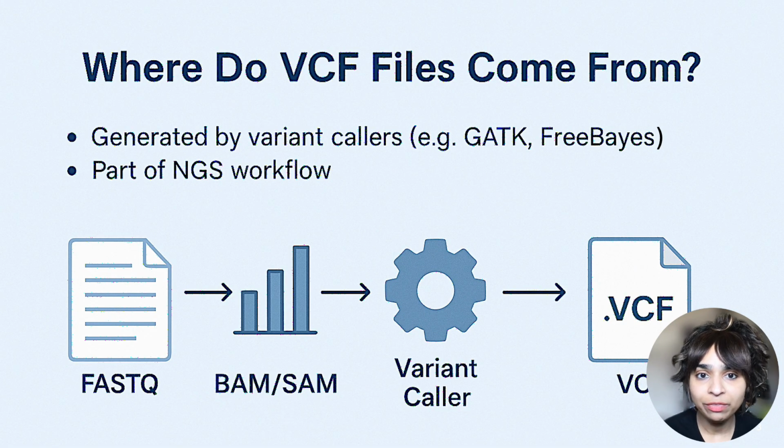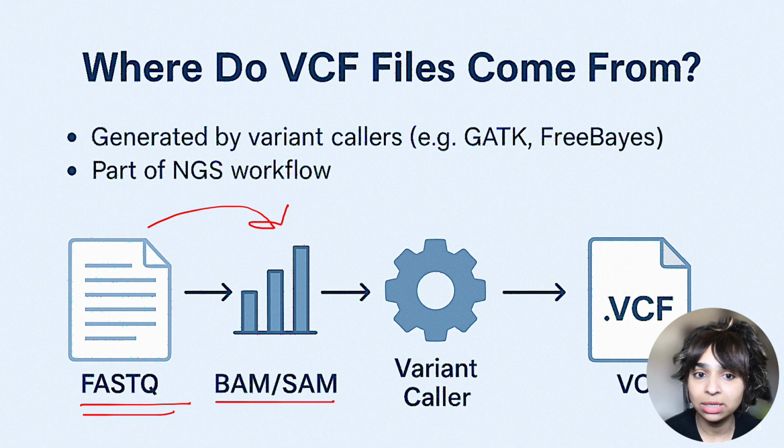Alright, so now that we know what a VCF file is, the next question is, where do they come from? VCF files are usually created during a process called variant calling, which is part of the next generation sequencing, or NGS, workflow. Here's the big picture. First, the DNA is sequenced and we get the raw reads, which are stored in FASTQ files. Then these reads are aligned to the reference genome, producing alignment files like SAM and BAM files, which we had seen in our previous videos.